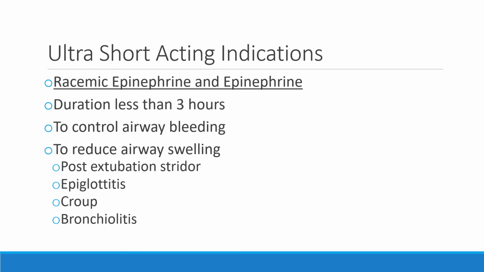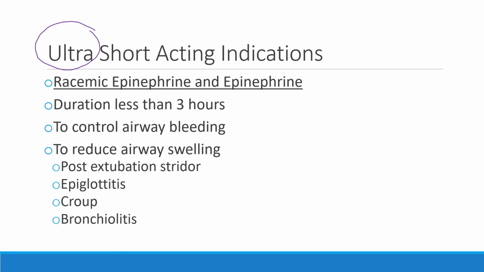Now we're going to go to ultra short acting. You do need to know what's in your ultra short acting and your long acting medication categories, and why you would use them. The long-acting indication is maintenance and control of things like COPD and asthma. We use short-acting to reverse acute airflow obstruction.